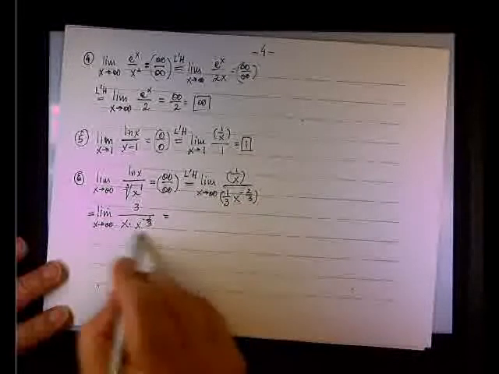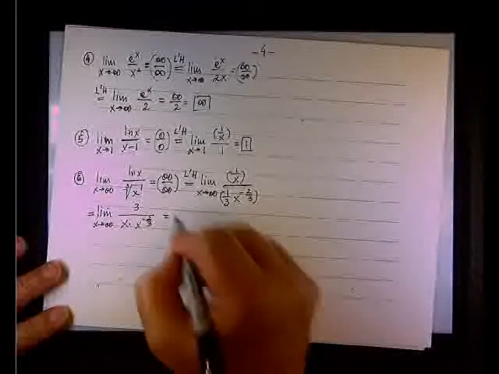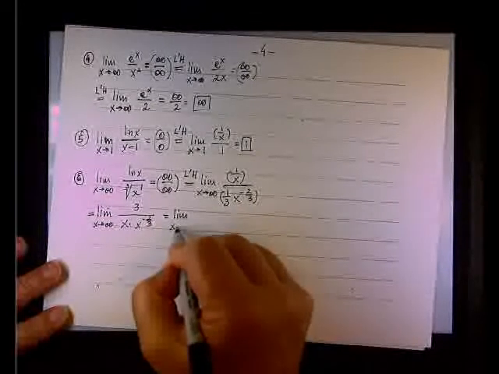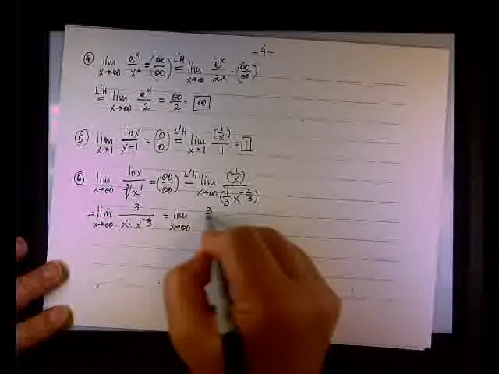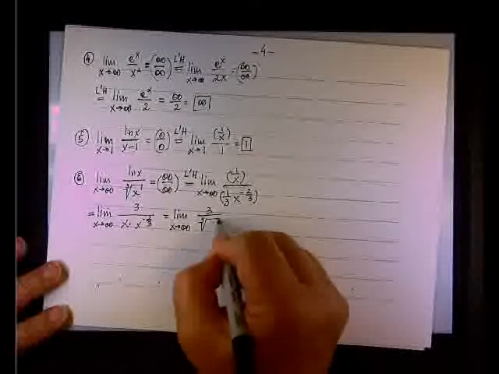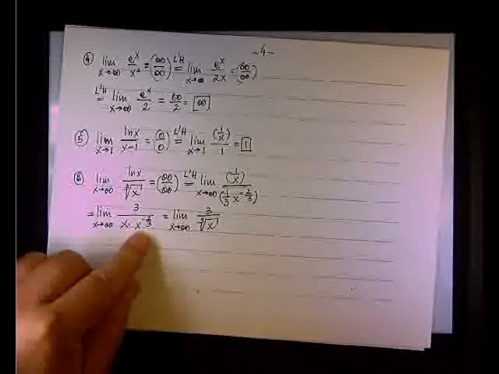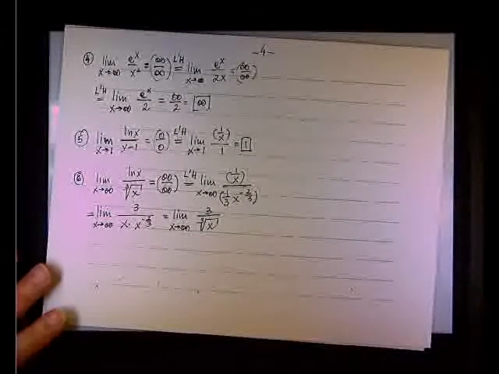When you multiply these two power functions, you end up having x to the 1/3, or the cube root of x. So you end up having 3 over the cube root of x. Again, x to the power of 1 times x to the negative 2/3 gives you x to the 1/3, or the cube root of x.